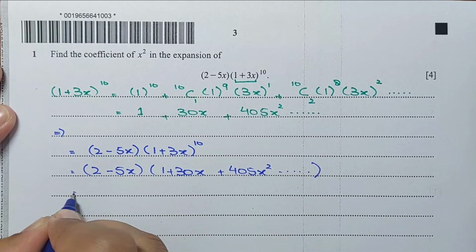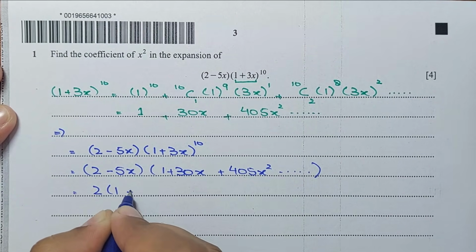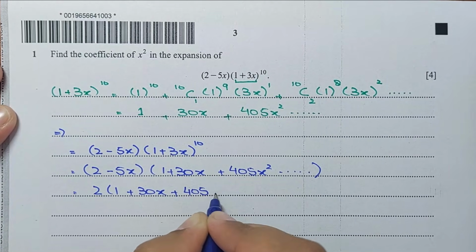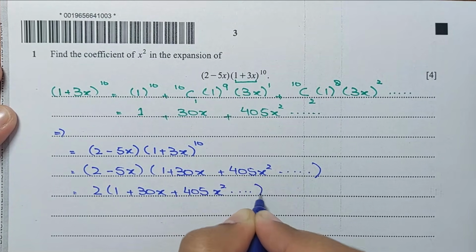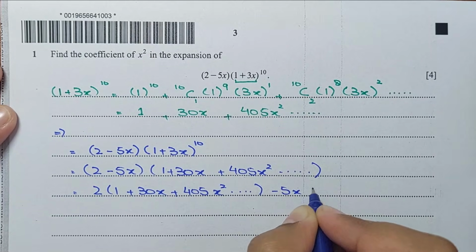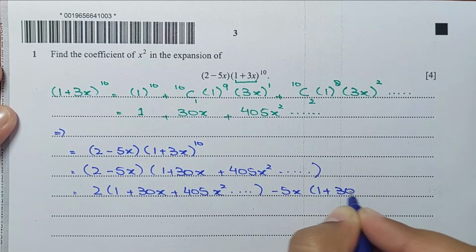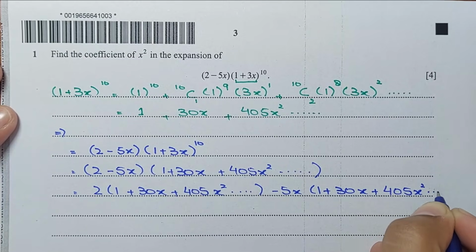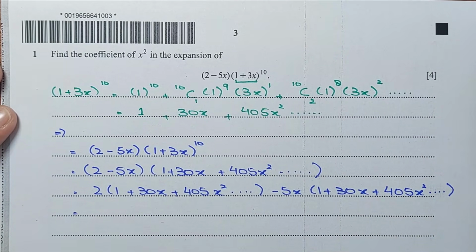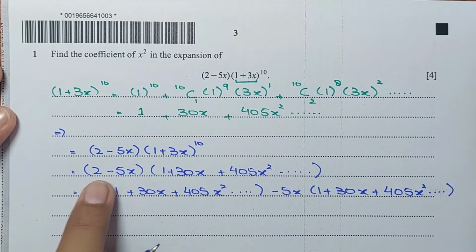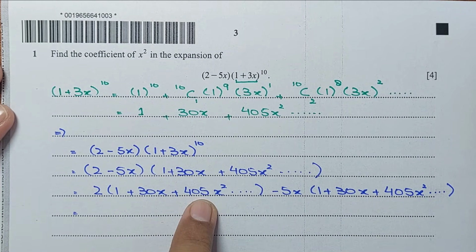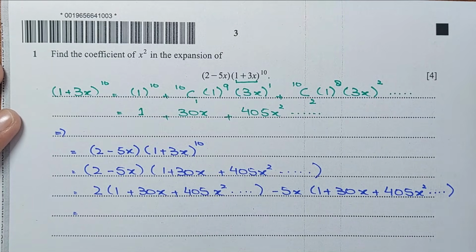Now we have to distribute 2 on 1 plus 30x plus 405x squared and so on, and minus 5x is distributed on 1 plus 30x plus 405x squared and so on. If we distribute 2, we get a constant, x and x squared term, right? So let me just figure out the x squared terms.